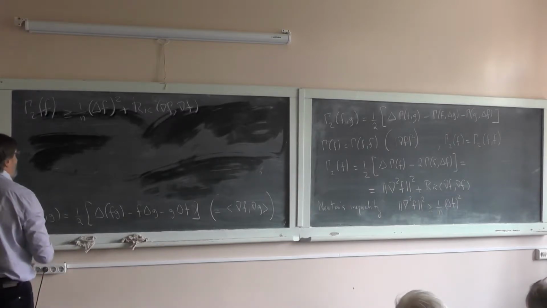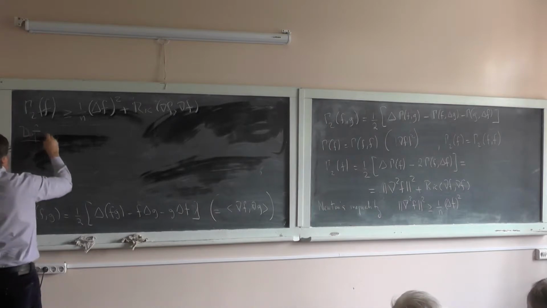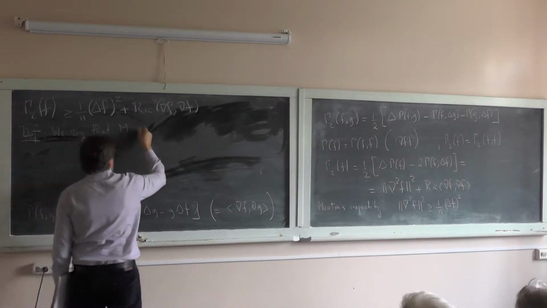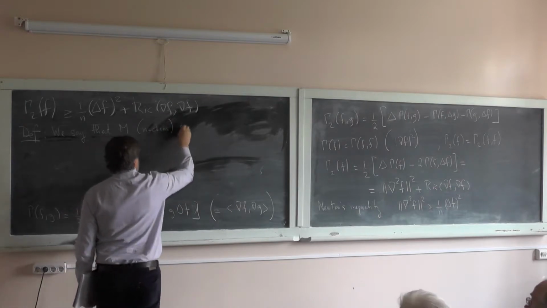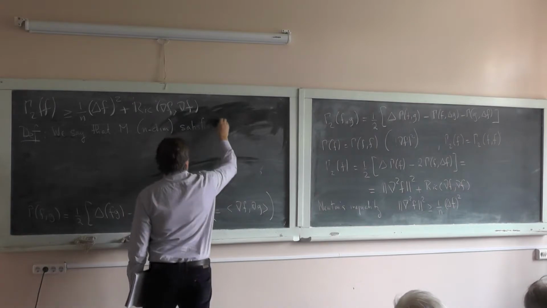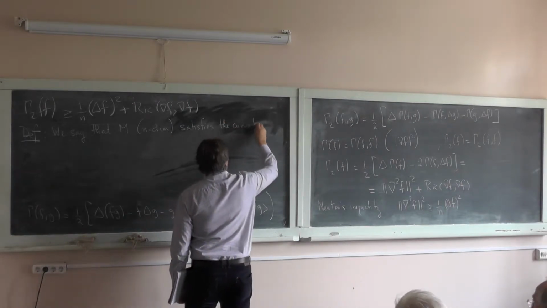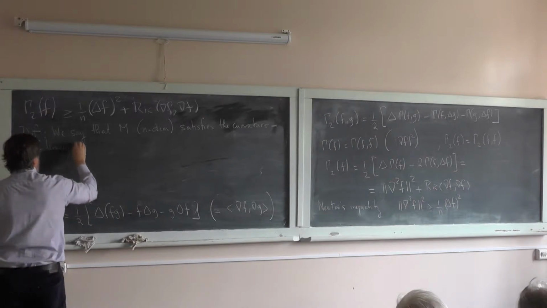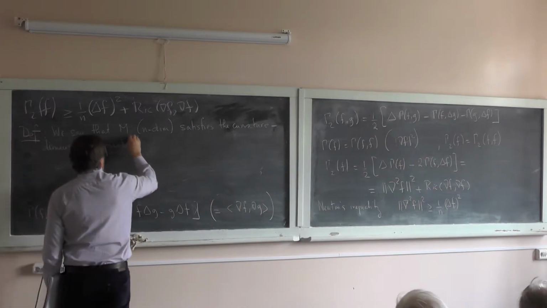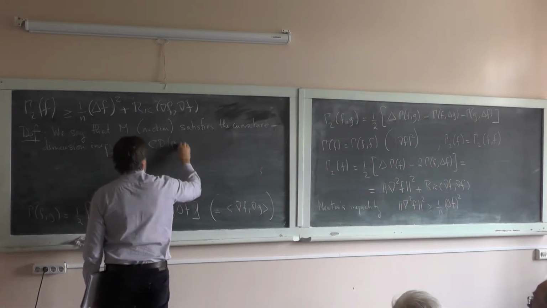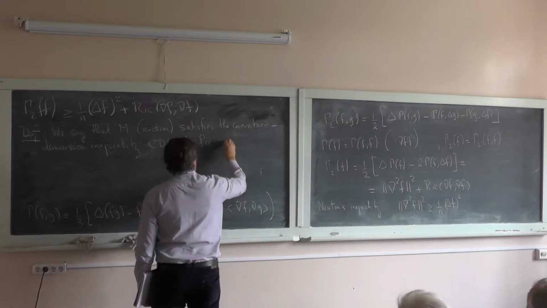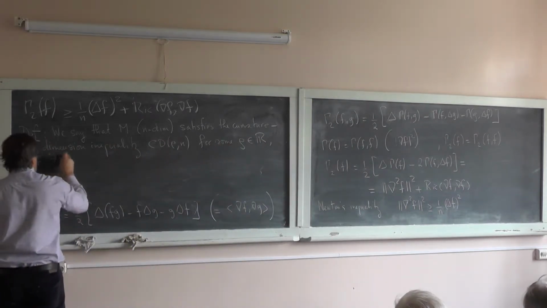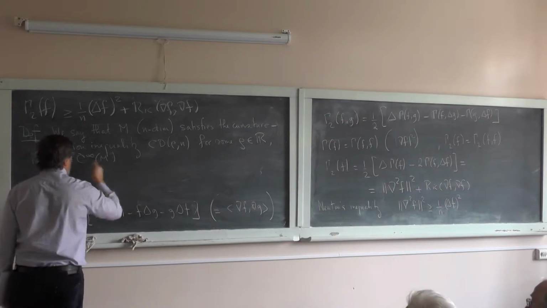And now I will introduce a definition. We say that M, n-dimensional, satisfies the curvature dimension inequality, CD(rho, n), for some rho real number, if for any f smooth function on M we have the following.